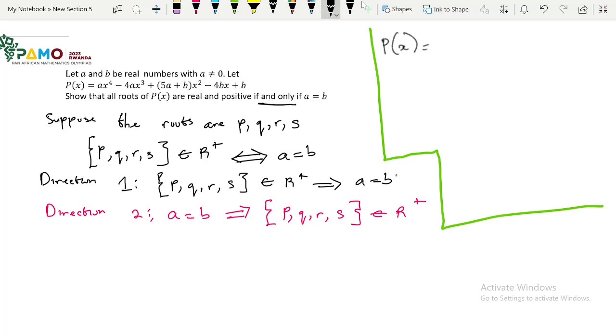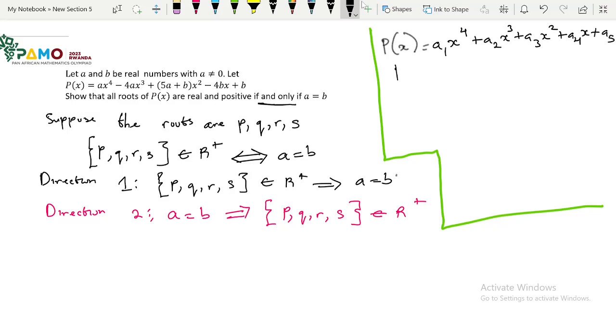p of x, and p of x has coefficients a1 x to the power 4 plus a2 x to the power 3 plus a3 x squared plus a4 x plus a5. We know a5 is a constant term.